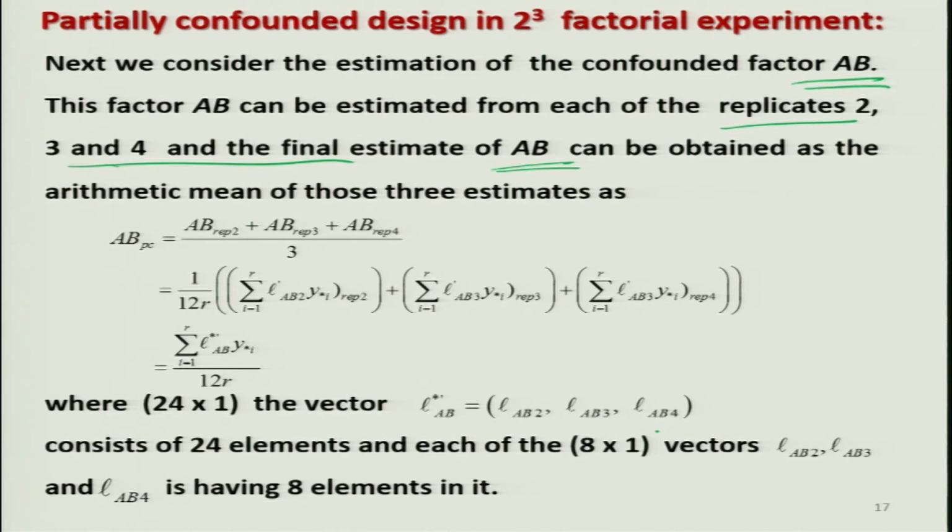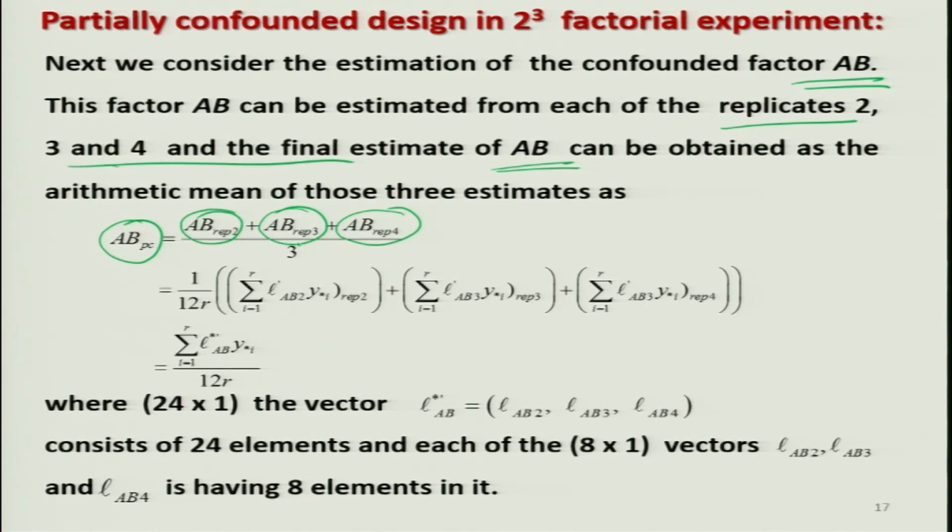So, I can write down AB under the partial confounding, with subscript PC, as AB from replication 2 plus AB from replication 3 plus AB from replication 4 divided by 3. Now, you can see earlier it was 4 because A, B, C were getting estimated from all the 4 replicates, but now you are estimating only from 3.